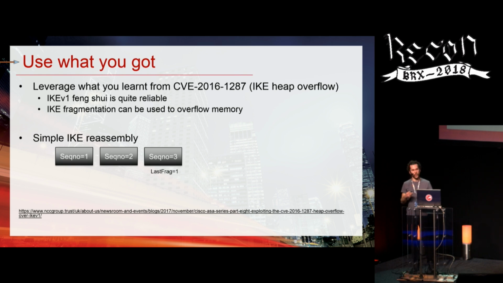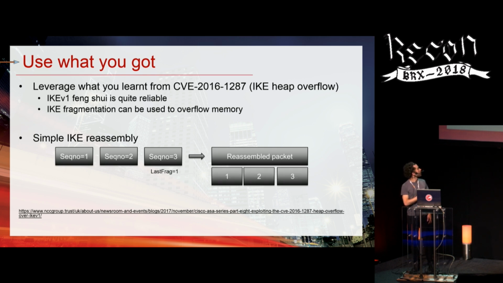When the ASA receives the last one, it knows it can reassemble them all, and it allocates a large buffer and copies each fragment inside the reassembled packet. All these fragments are iKey packets holding a fragment inside, and the reassembled packet is another iKey packet that you need to handle now. So this is the fragmentation.